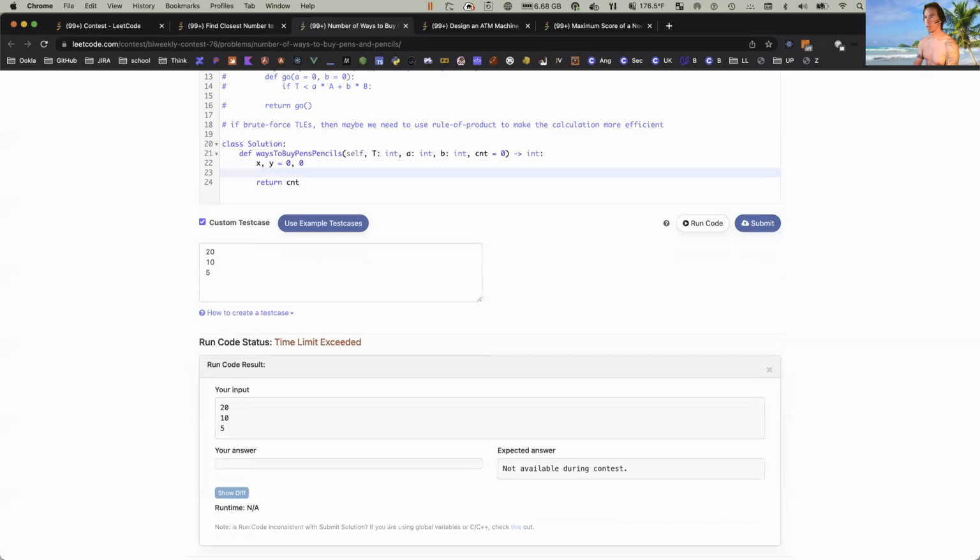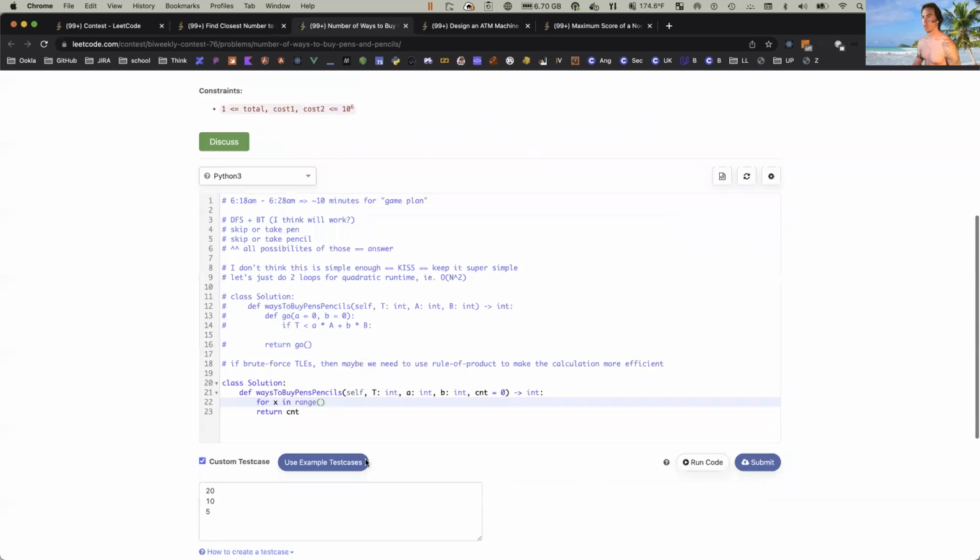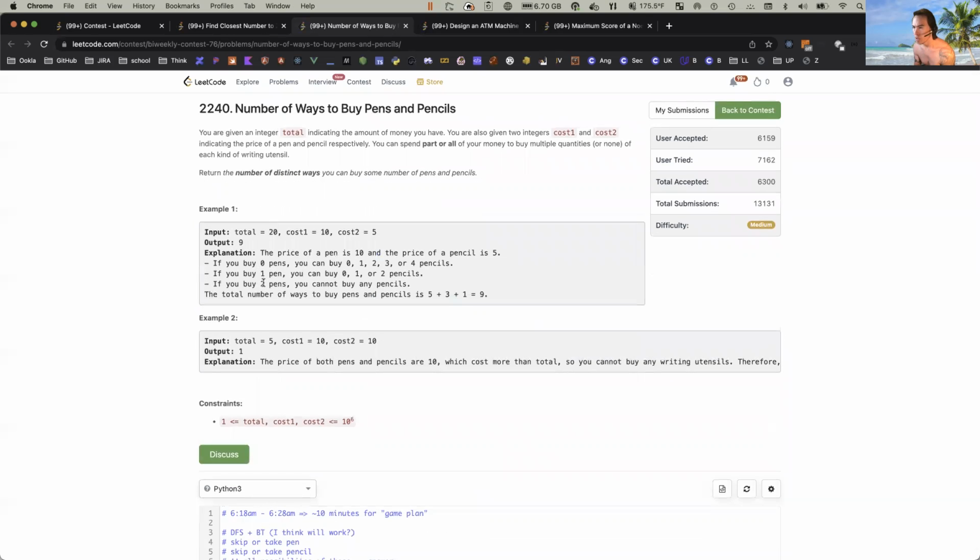T divided by A. For X in range. Does buying nothing count as a way? 10 and 5.